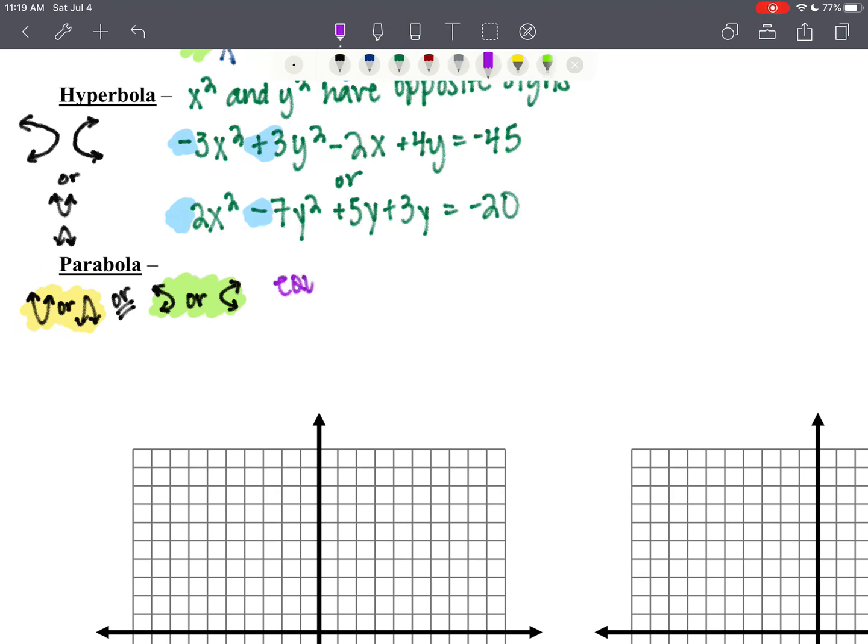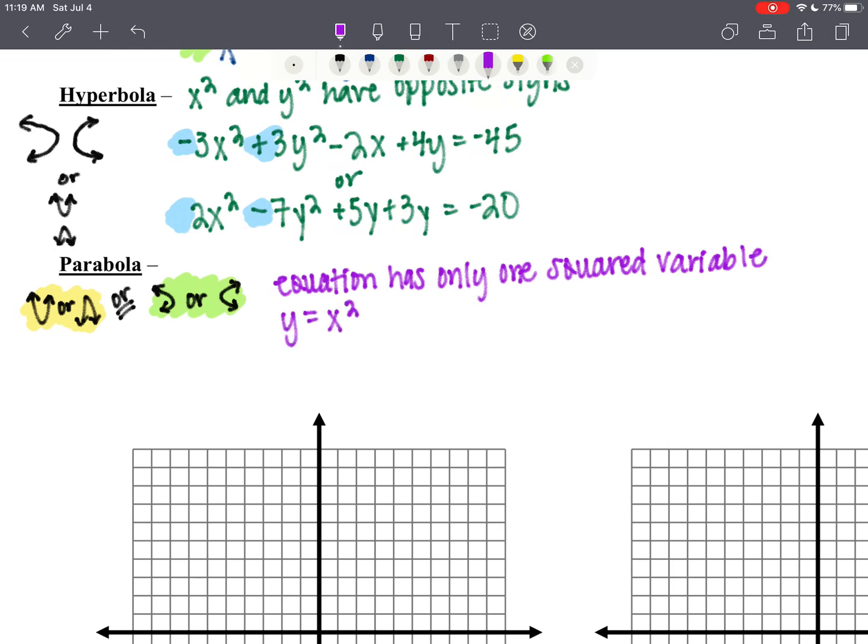Your equation has only one squared term, only one squared variable. So we'll have y equals x squared minus 4x plus 2.